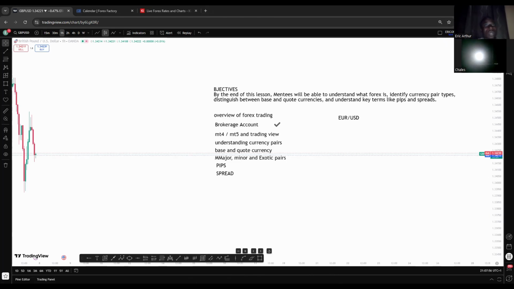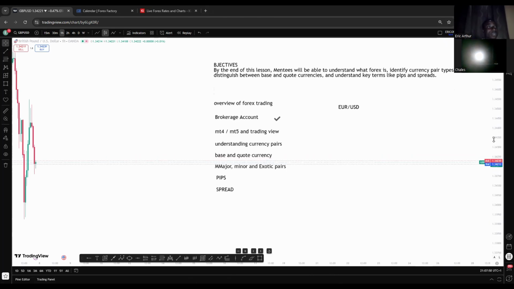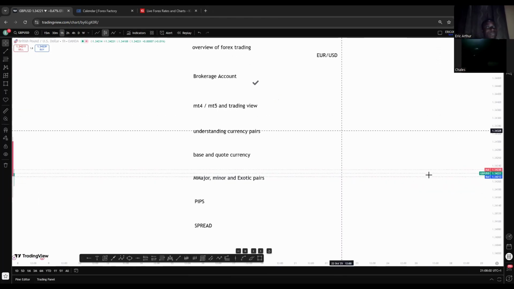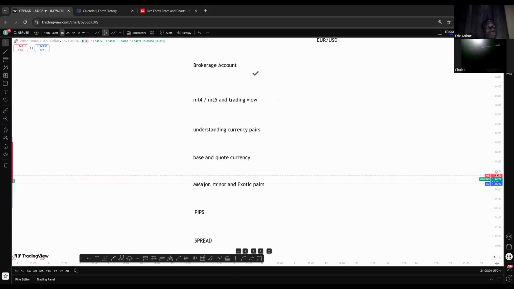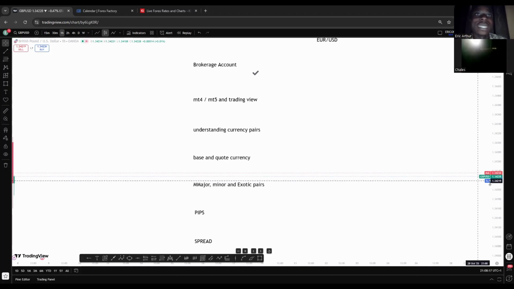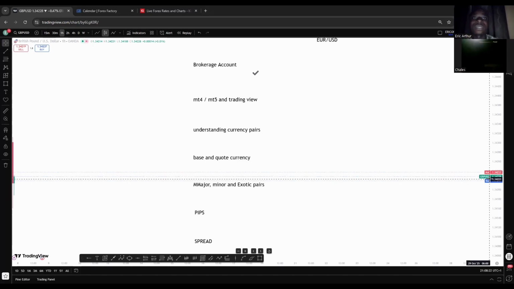Okay, so when you look at my chart, this is what you see: an ask and a bid. You get it? So the difference between this bid and the ask is what the broker profits from.